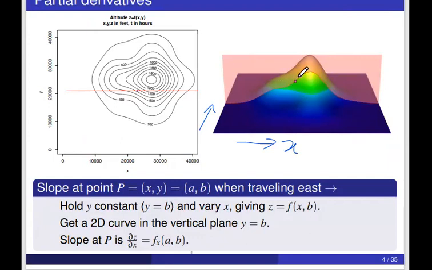So when you slice off the mountain parallel to the x-axis, y does not change. So then you are able to find the slope with respect to x, because x is changing and y does not change here.